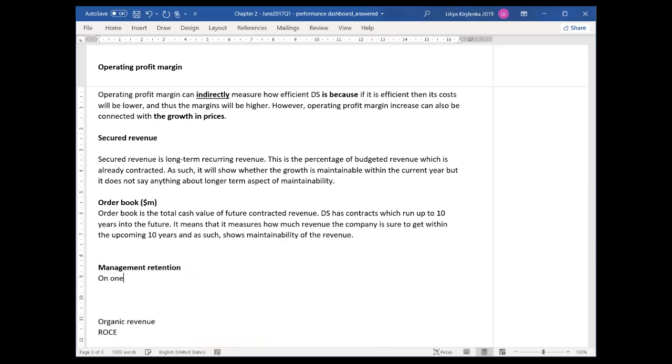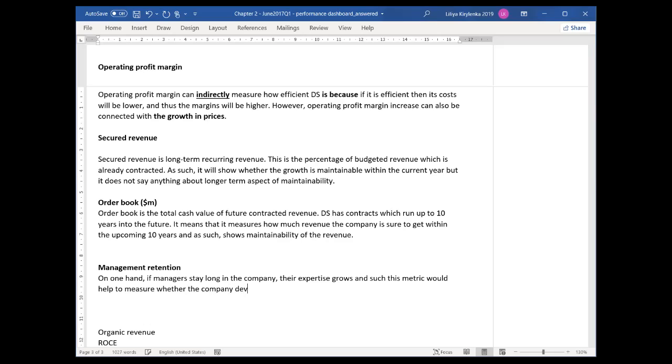So on one hand, if managers stay long in the company, their expertise grows, and as such, this metric would help to measure whether the company develops the best talent.